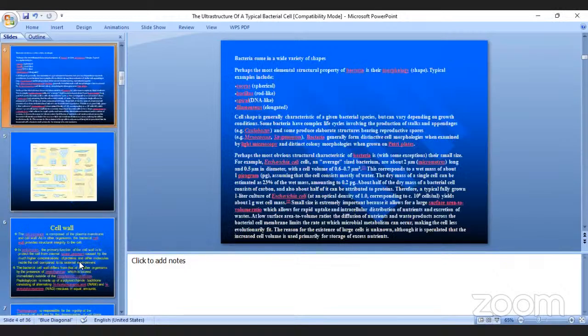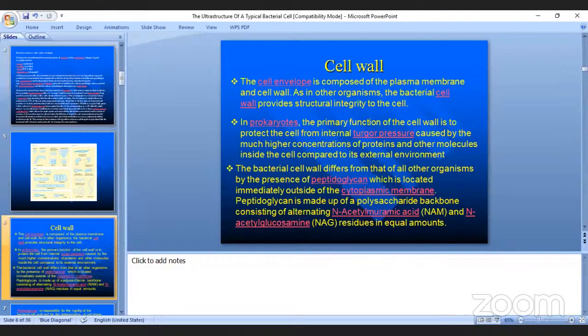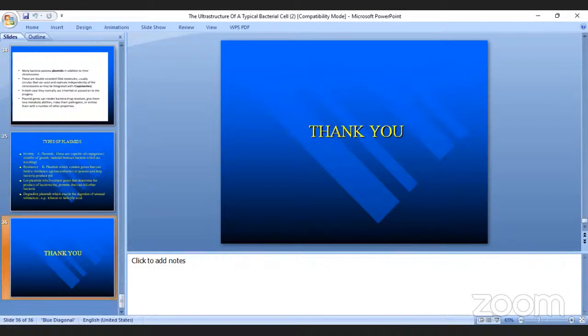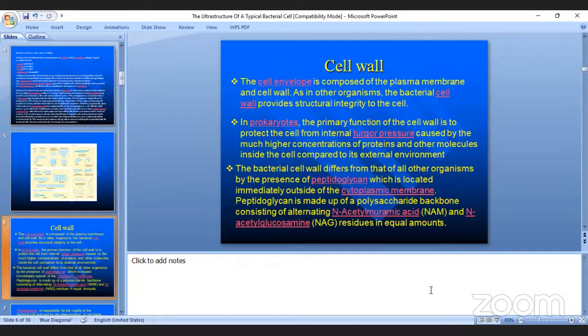Actually, before the cell wall, the shape of the bacteria is not such an important topic. The shapes are globe, spherical, rod shape, and vibrio shape.